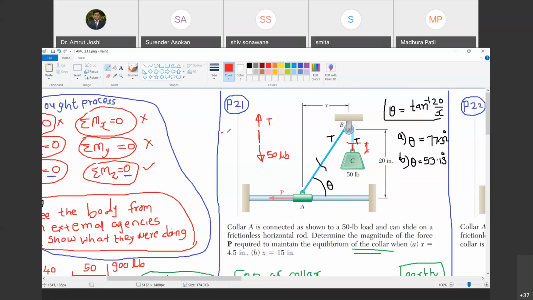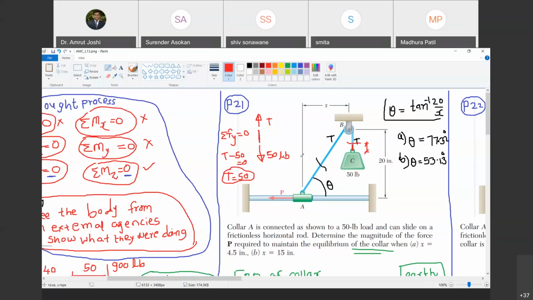Now, as this system is in equilibrium, as this system is not moving in y direction, I can apply Newton's second law, which manifests itself as the equilibrium equation, summation Fy equal to 0, and then I get plus T minus 50 equal to 0. Do you agree with me? And then I get T equal to 50. This process we just did runs in your mind, you do not need to write it. Are you with me?